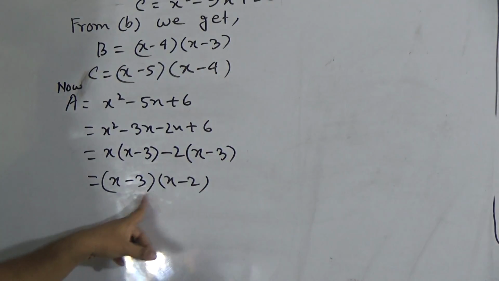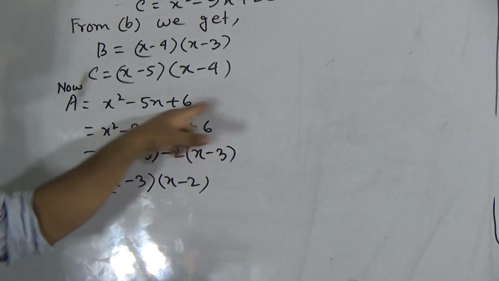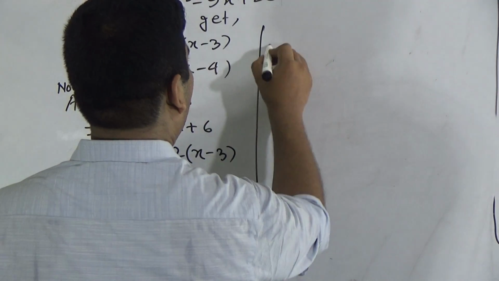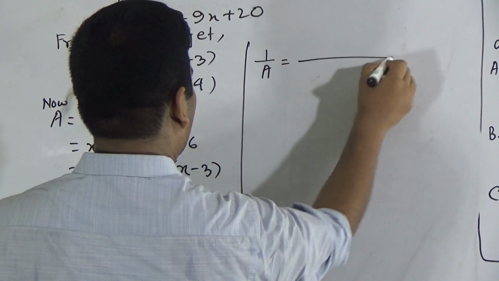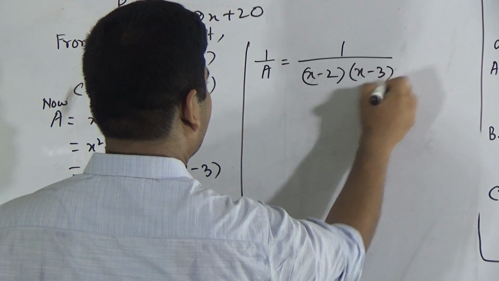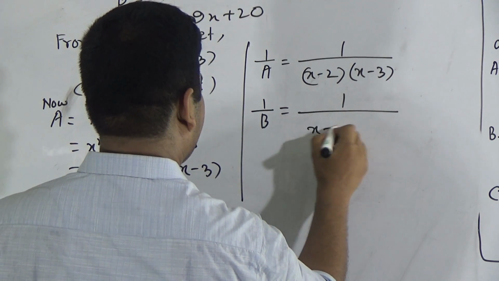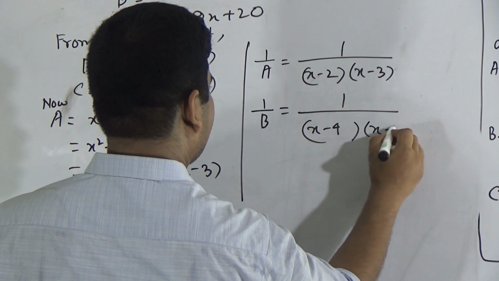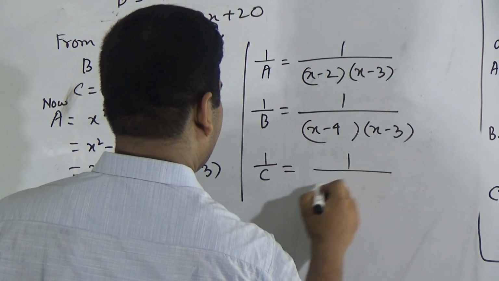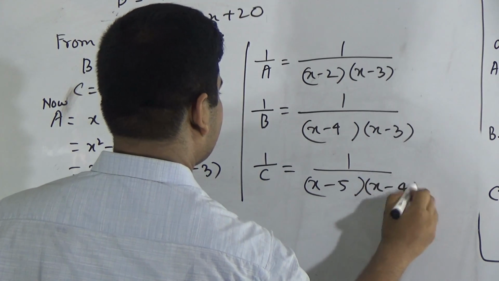So x minus 3, x minus 2 are the factors of x square minus 5x plus 6. Now we write 1 by a means 1 by x minus 2 into x minus 3. 1 by b means 1 by x minus 4 into x minus 3. 1 by c equal to 1 by x minus 5 into x minus 4.